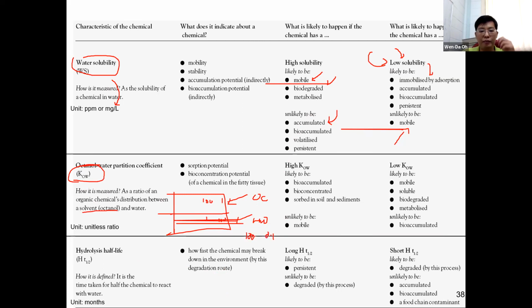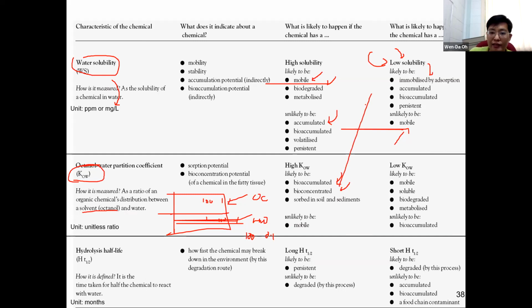So this 100 means that most of the chemicals prefer to be in the octanol phase, which means that it is hydrophobic. If you have a high coefficient, it is less likely to be soluble. It can bioaccumulate, it can bioconcentrate, and it can be adsorbed.